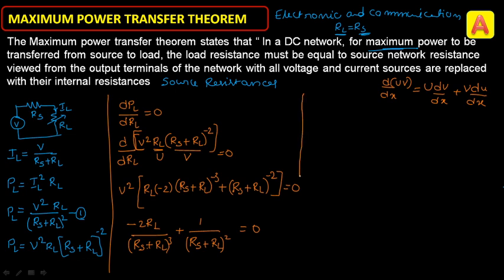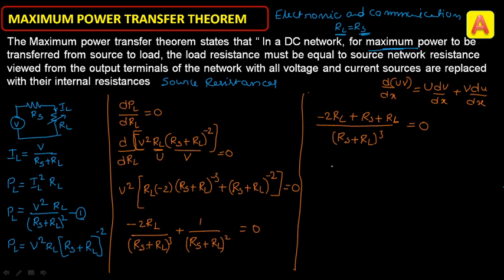For this entire equation, the LCM will be (RS plus RL) whole cube. So minus 2RL plus RS plus RL is equal to 0, since we transfer the (RS plus RL) whole cube to the right hand side and it becomes 0.